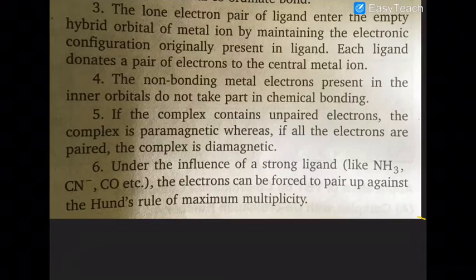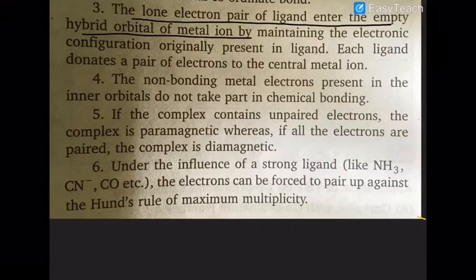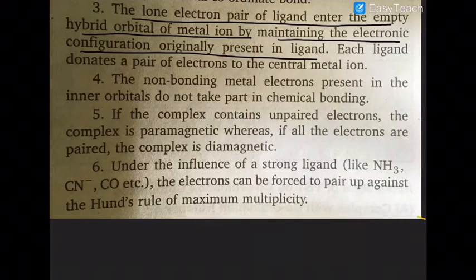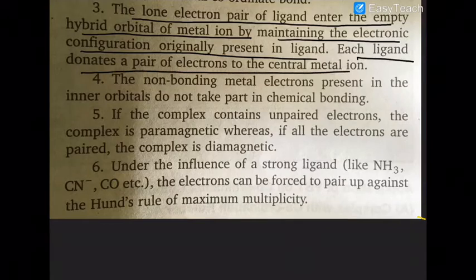In the next case, the lone pair of the ligand enters the empty hybrid orbital of the metal, maintaining the electronic configuration originally present in the ligand. So there will be no change in the number of electrons around the ligand. Each ligand donates one pair of electrons to the central metal atom.